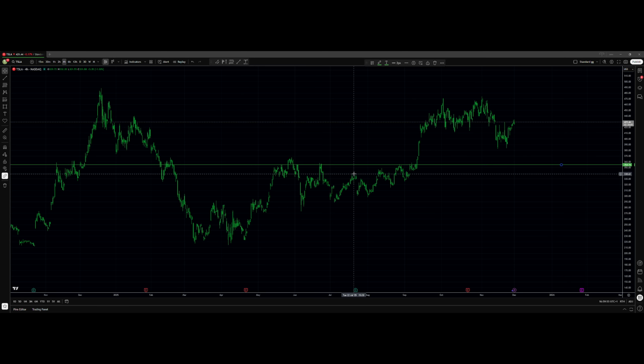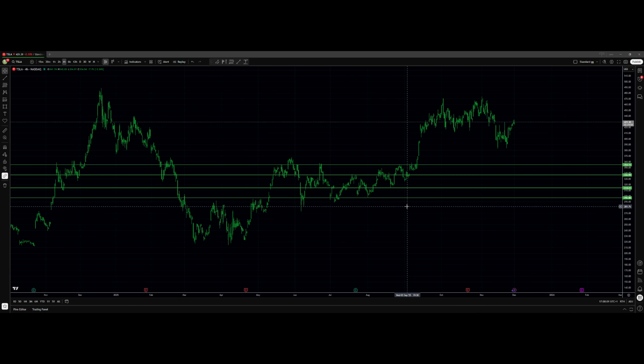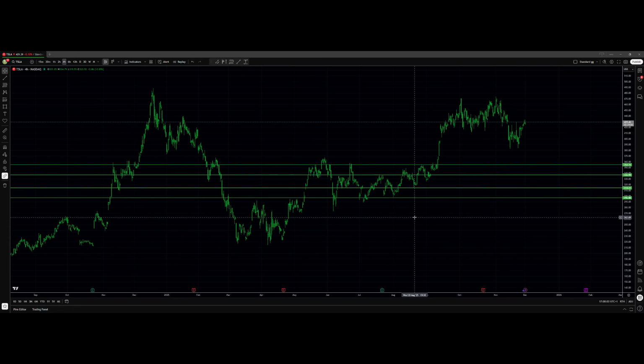Just by an eye test, I would identify those 4 levels. It took me 10 seconds. Price is bouncing between those 4 levels, sometimes turning support into resistance, resistance into support, and we can trade the sideways movement.